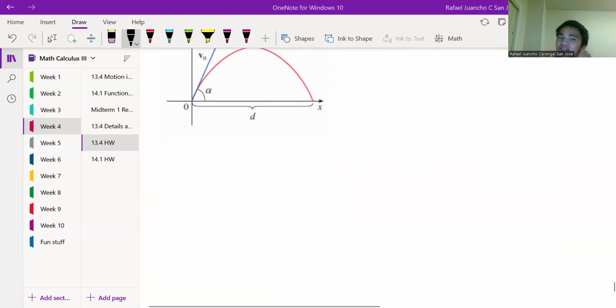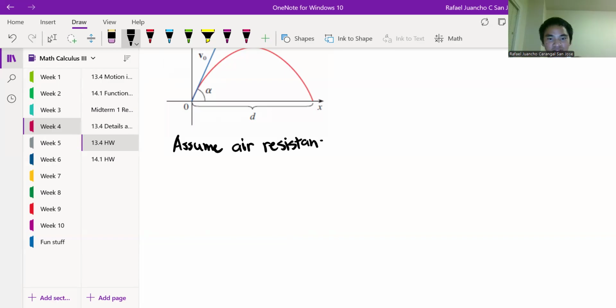Here we assume that air resistance is negligible. Okay, so we did go through an example of this. When it's negligible, meaning we don't include it in our projectile simulation. So here we make some assumptions. We assume that air resistance, I don't know, like wind, like tornadoes and such, is negligible.